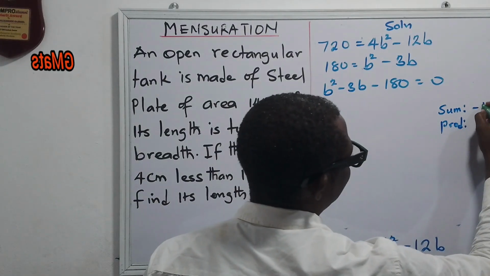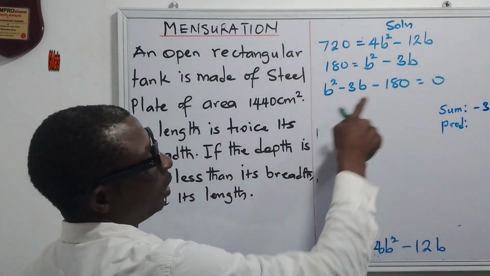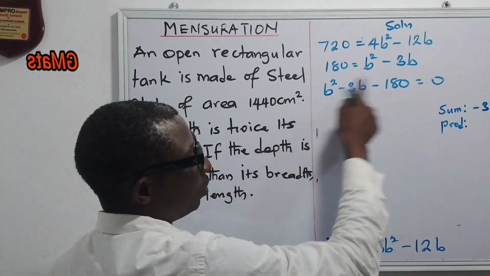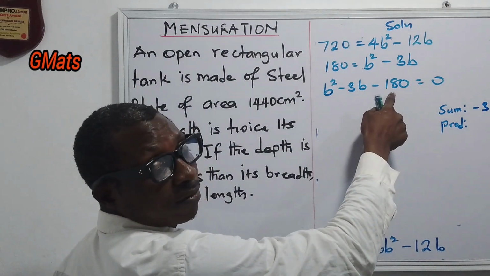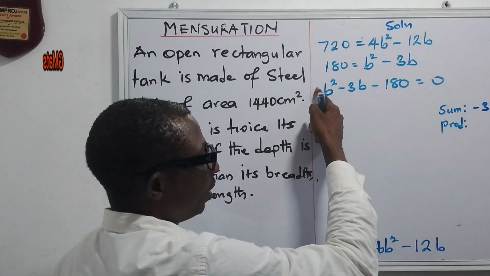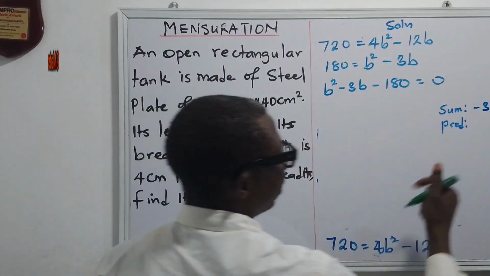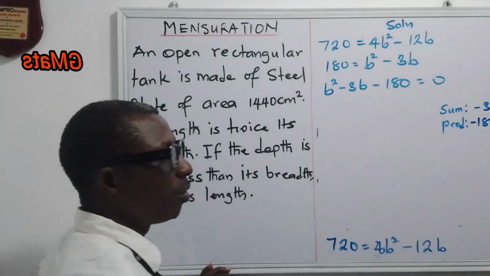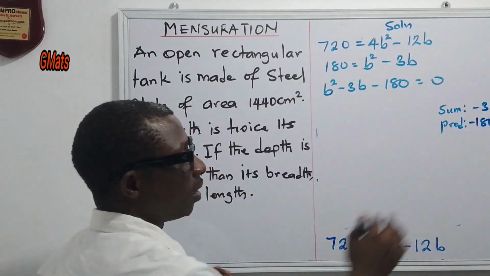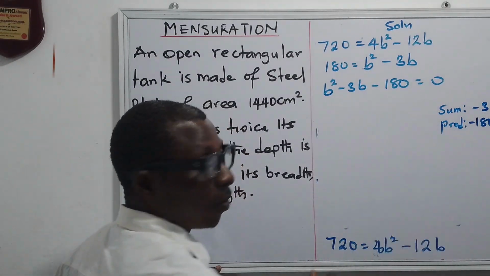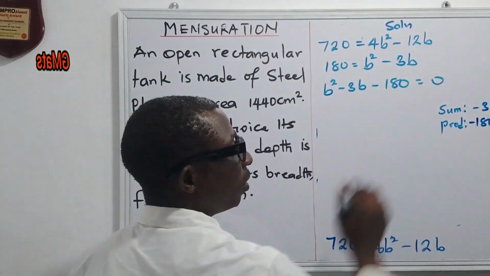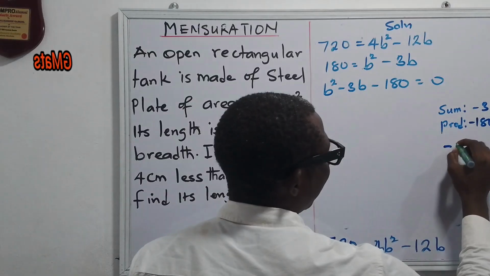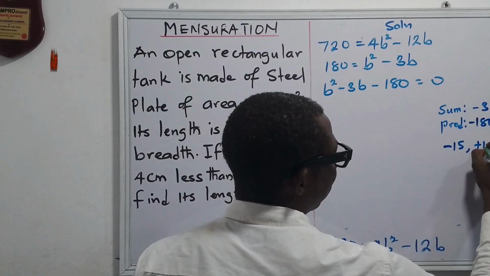The product is 1 times negative 180, so you have negative 180. So you need two numbers such that when multiplied together, you have negative 180, and when added together, you have negative 3. So the two numbers are negative 15 and positive 12.